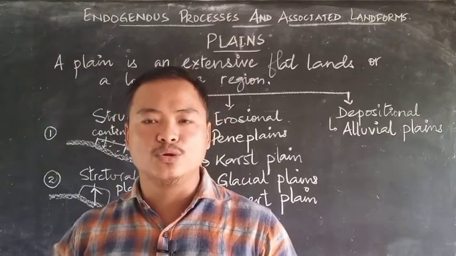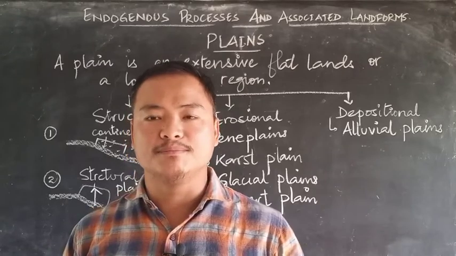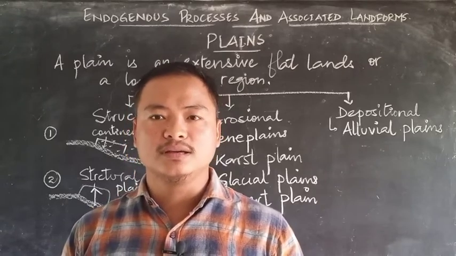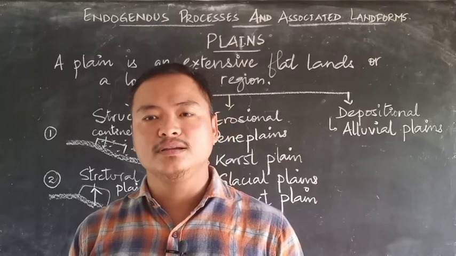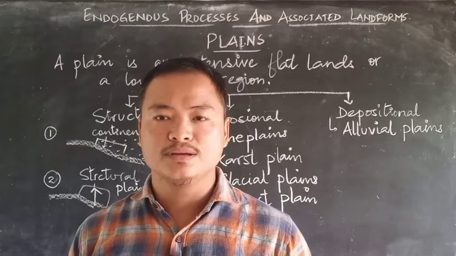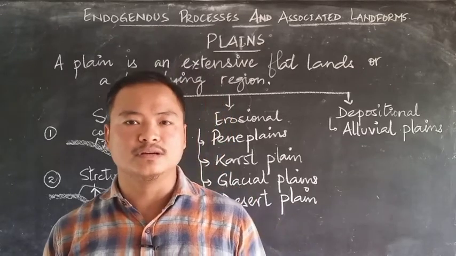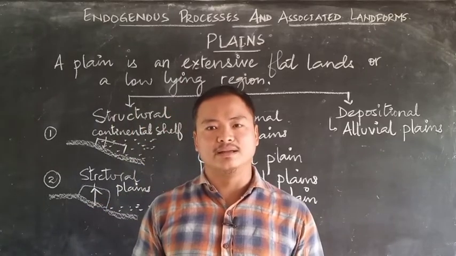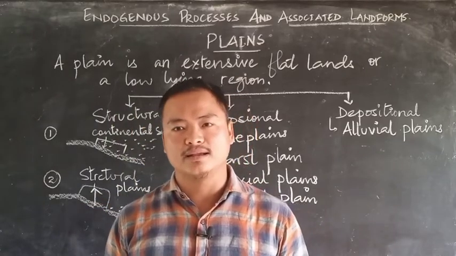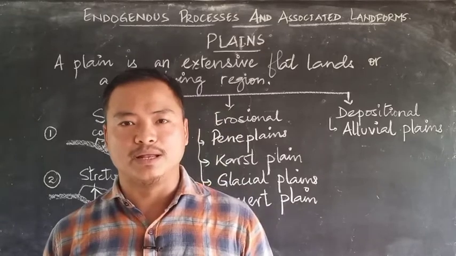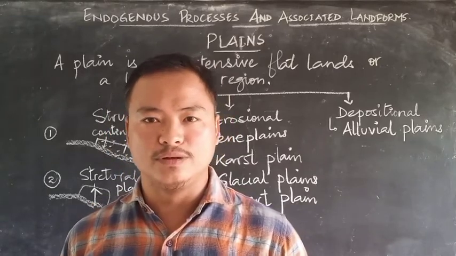While coming to the low-lying areas, they have much deposits because the velocity of the river decreases. So with the decrease in the velocity of the river, the sediments carried by it are deposited on its bank, thereby forming a plain which we call alluvial plain.